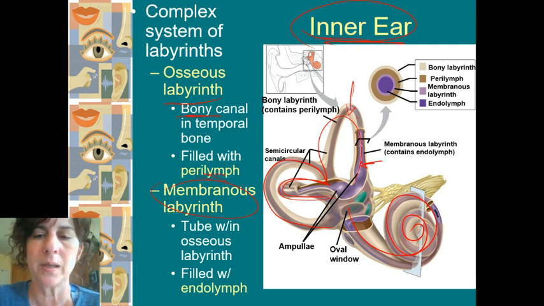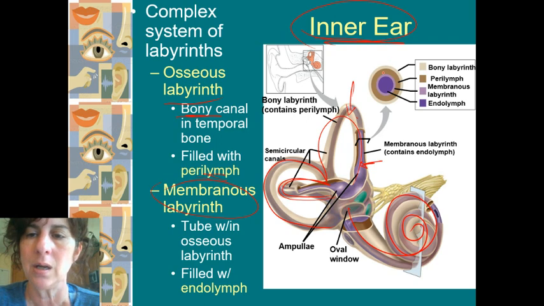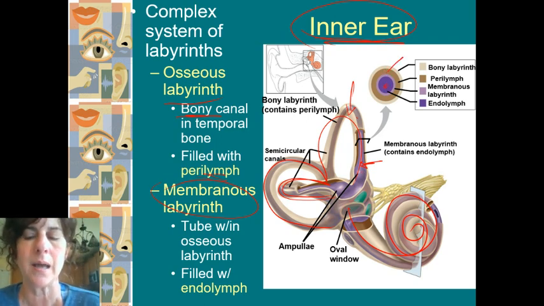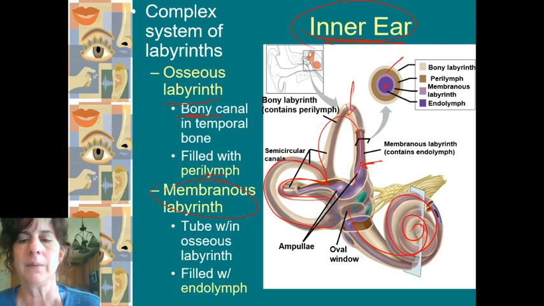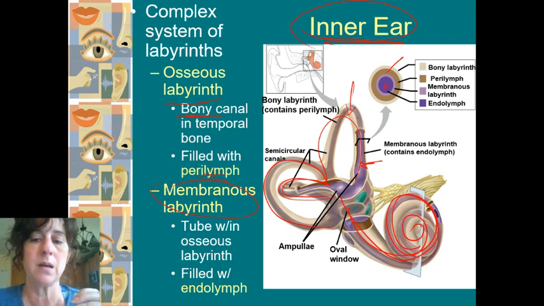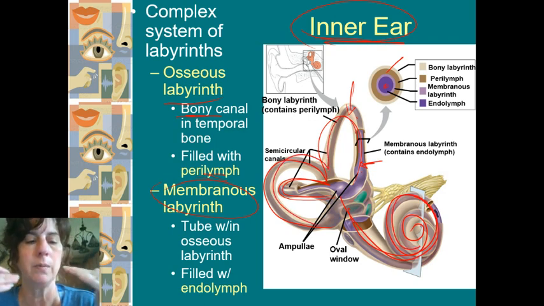So I have a fluid between the purple and the outer side, and then inside that purple, and here's a cross section. There's a fluid right here, and then there's a fluid interior. So there's a fluid inside that purple membranous thing. The movement of the fluids is really important because this is how we're going to transmit that sound for hearing, but it's also how you're going to deal with equilibrium and balance.